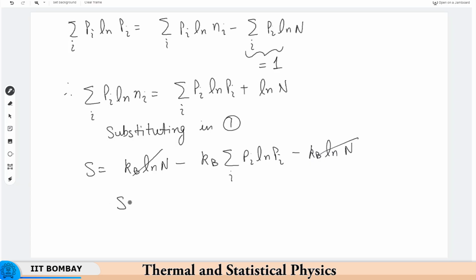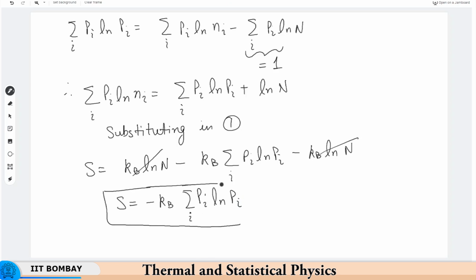Finally, we end up with the entropy of a particular macrostate equal to minus Kb times sum over i of Pi log Pi, and this equation is known as the Gibbs expression for entropy. So, this is another way of defining the entropy of the system, considering quantities like the probability to stay in a particular macrostate and so on.